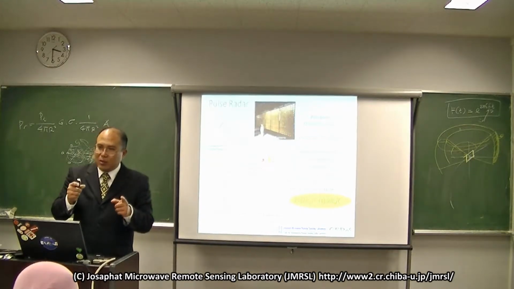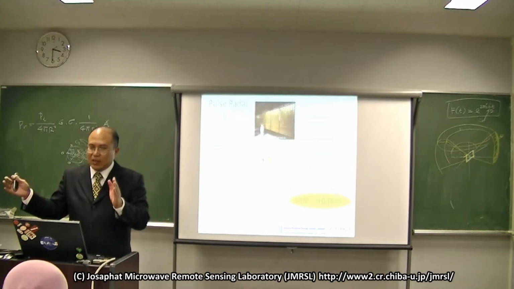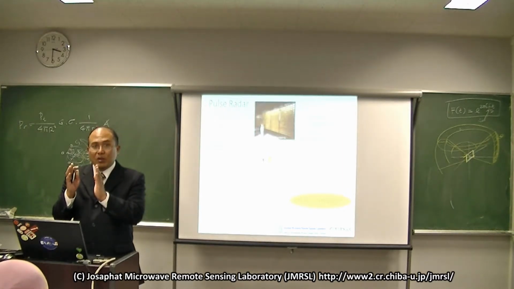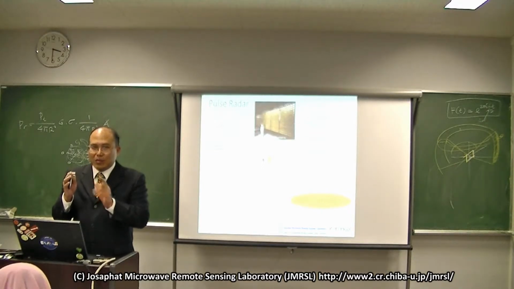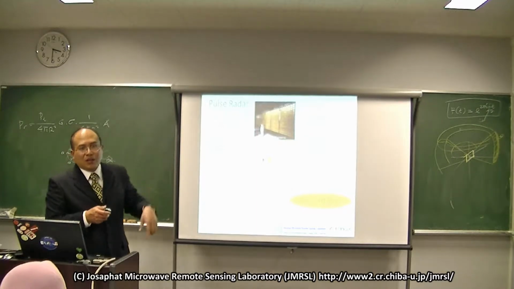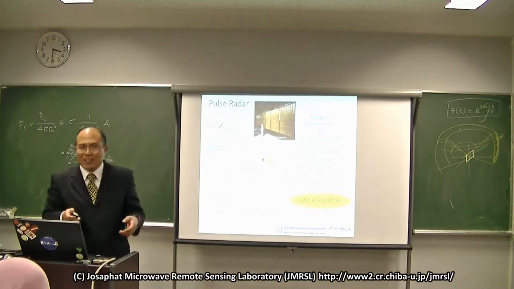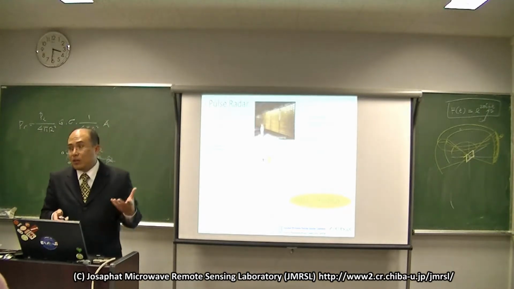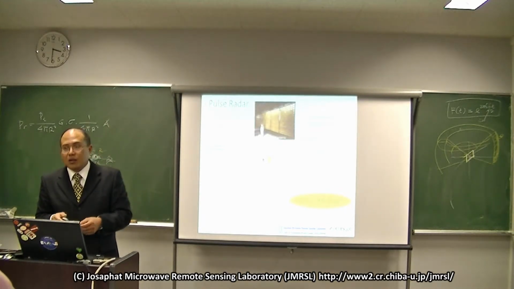You must calculate to find the optimum pulse width before you launch your satellite. Because if not, your satellite is inefficient, because to get power in space is very hard.